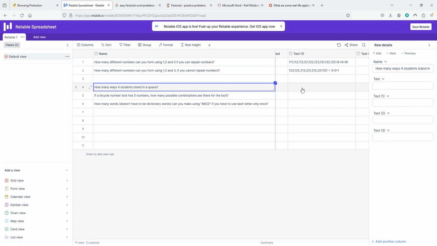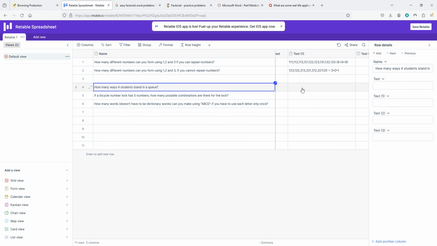If four students can stand, I think it's more like the second one, because you can't somehow clone a student. Once a student stands at one place, that student cannot stand in another place.